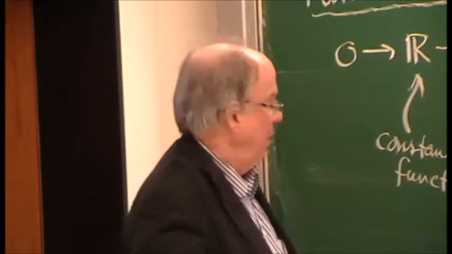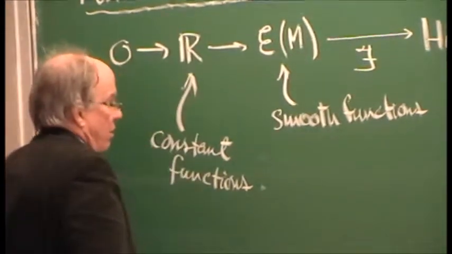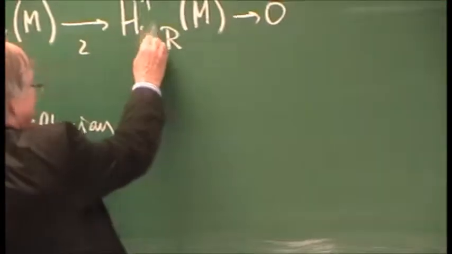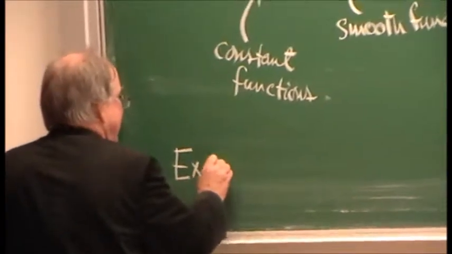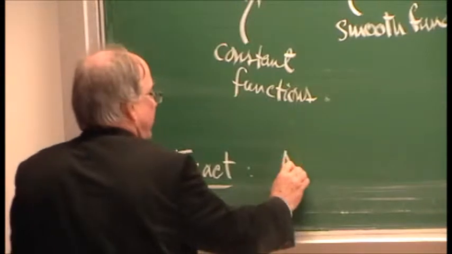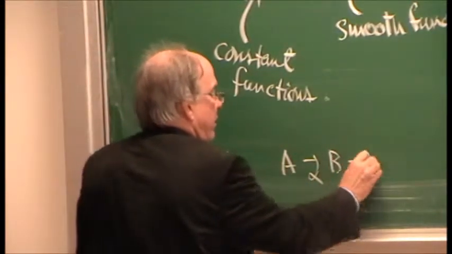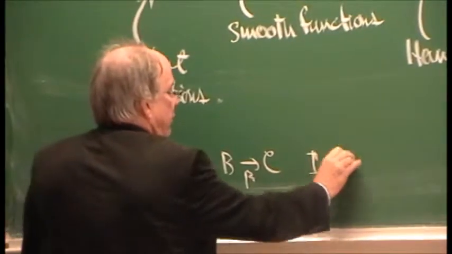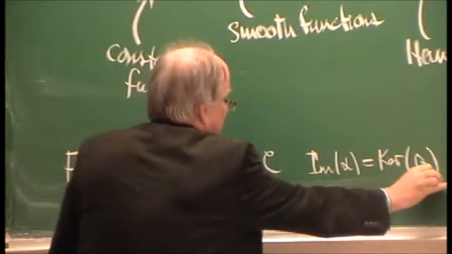And I'll just remind you what exact means. You have maps alpha and beta, and it means the image of alpha is equal to the kernel of beta.